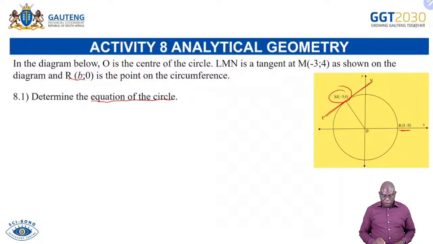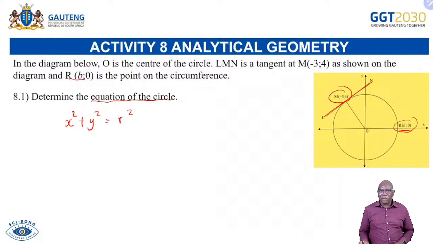Now the equation of the circle will be x squared plus y squared equals to r squared. Then the only point I have, this one, I don't know what b is, so I cannot use it. Otherwise, I'm going to have an equation of the circle with b squared plus 0 equals to r squared.